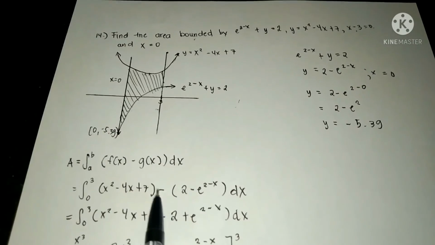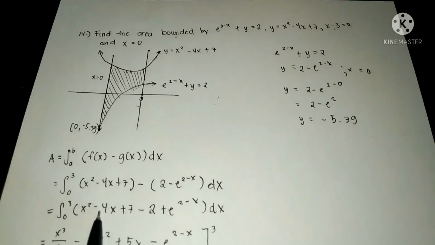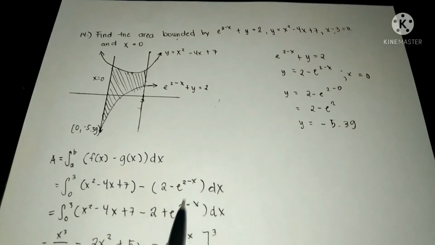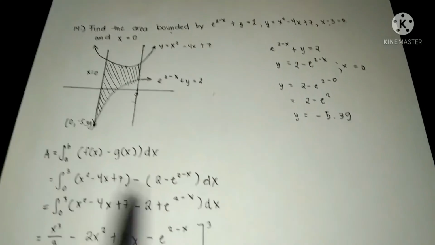So, distribute natin yung negative dun sa loob ng quantity. So, it will become the integral of x squared minus 4x plus 7 minus 2 plus e raised to 2 minus x dx from 0 to 3.